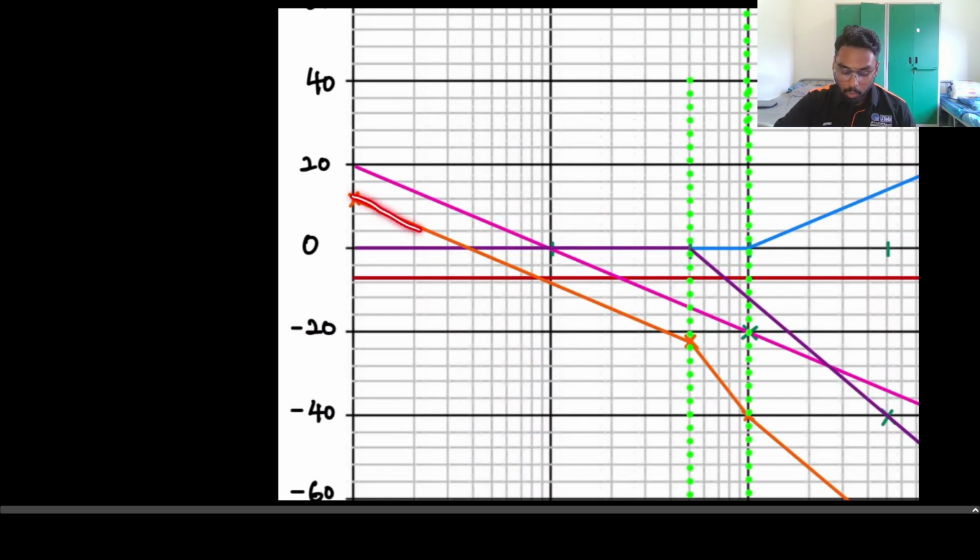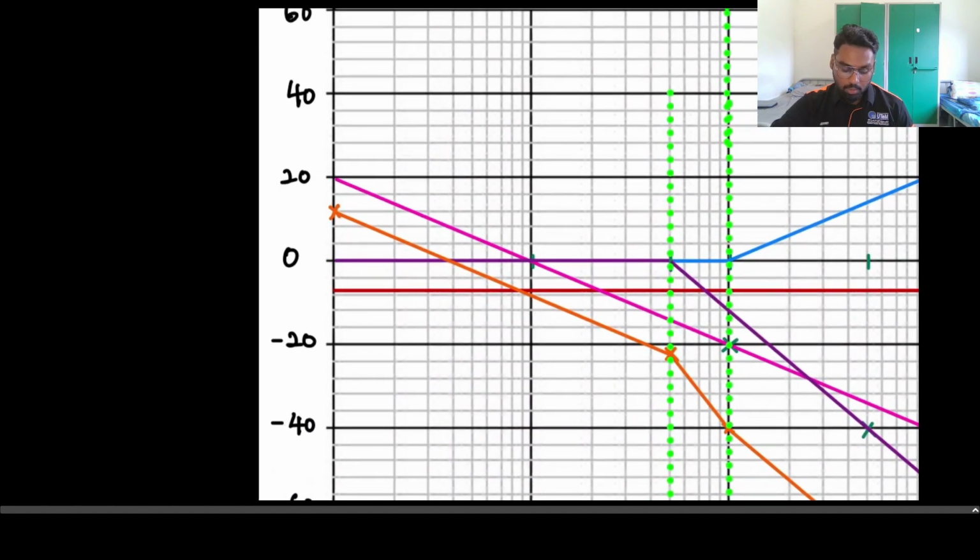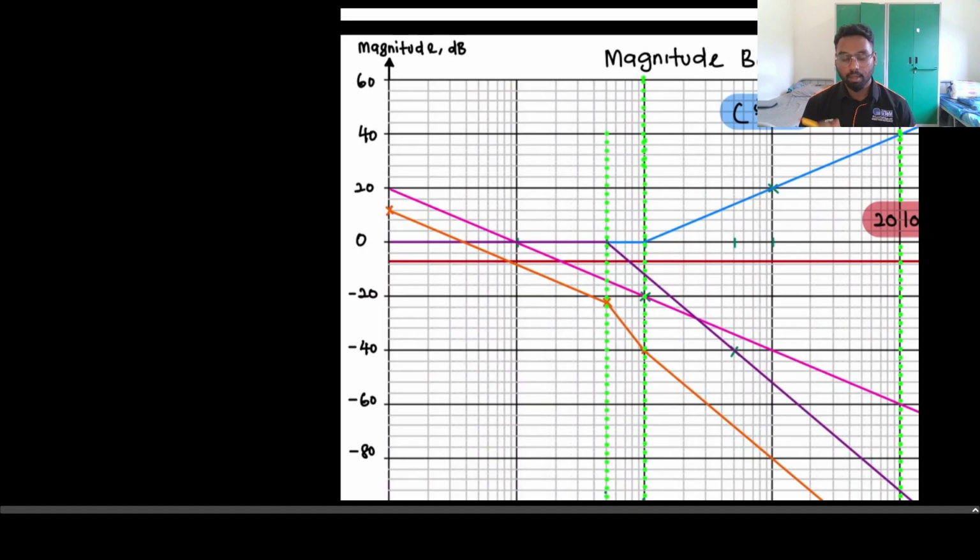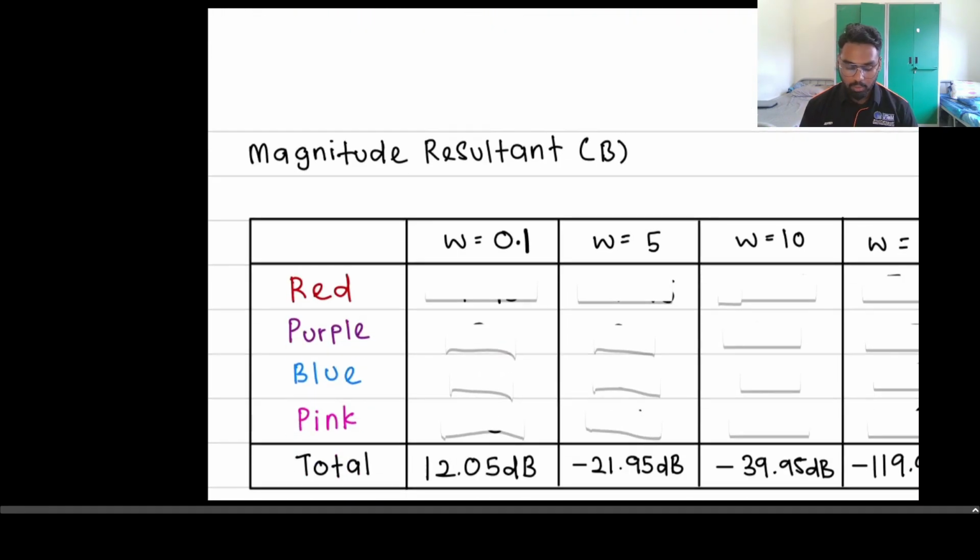As you can see, the orange line is our resultant, so ignore that first. What we are going to do now is compare each and every line that intersects on the y-axis. From here we can see that this pink line is intersecting at 20, so we are going to take the 20 value and put it down at this table, which is around here, 20.